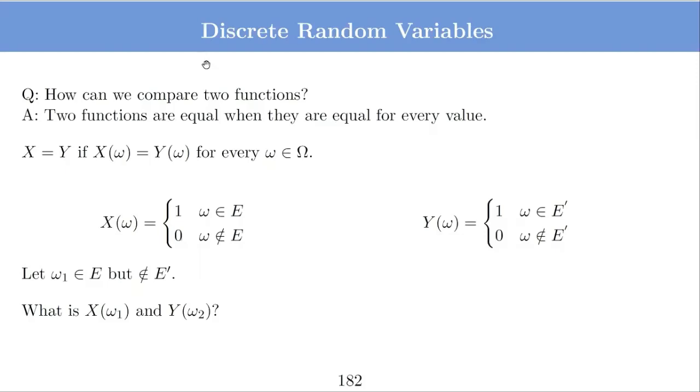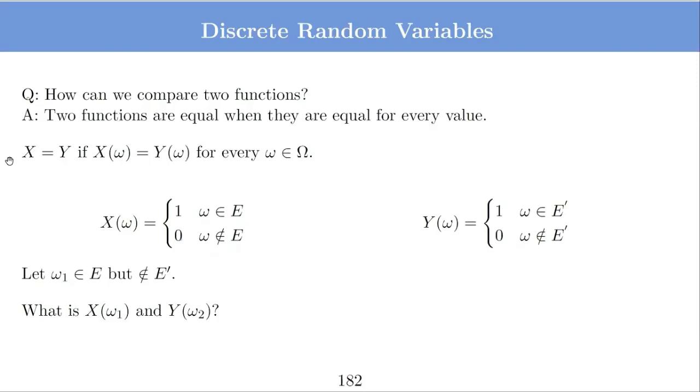Generally, we say the two functions are equal when they are equal for every value. Because they are not just one value, they are functions which map from one value to another value. So first we have to make sure that they are defined on the same domain, so that for any value you take, you can calculate the value of both functions. And once you are able to do that, you make sure that they are equal for every value.